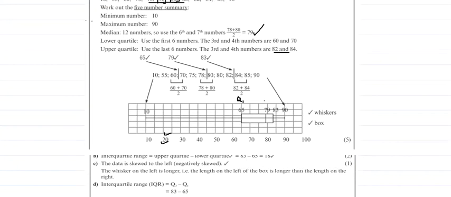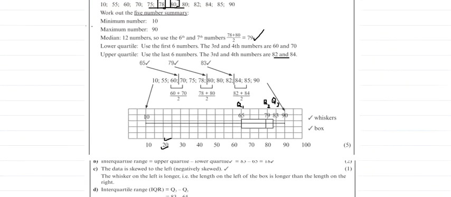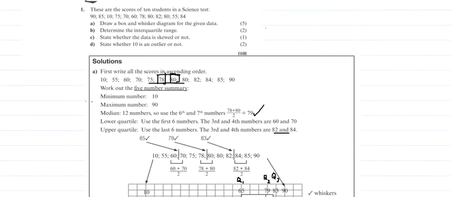Our upper quartile is 83, Q3, and our middle quartile or median is Q2. And then we proceed to draw our box and whisker diagram. Once we've got that drawn, we are now able to interpret and answer questions on this diagram.